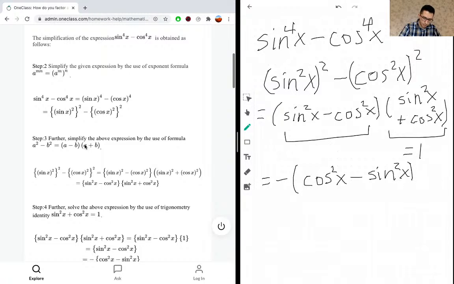The trig identity here is that cos squared x minus sine squared x is equal to cos 2x. Actually it's not 2 cos, I believe it's just cos 2x. Let me double check this.